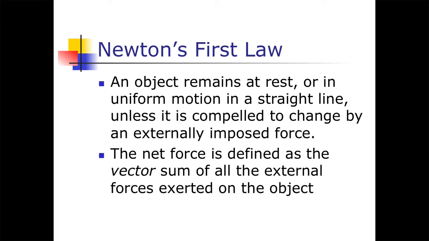In simple terms, an object at rest would like to stay at rest, and an object in motion would like to stay in motion. So you push an object, and it would like to keep on moving unless an external force acts upon it.